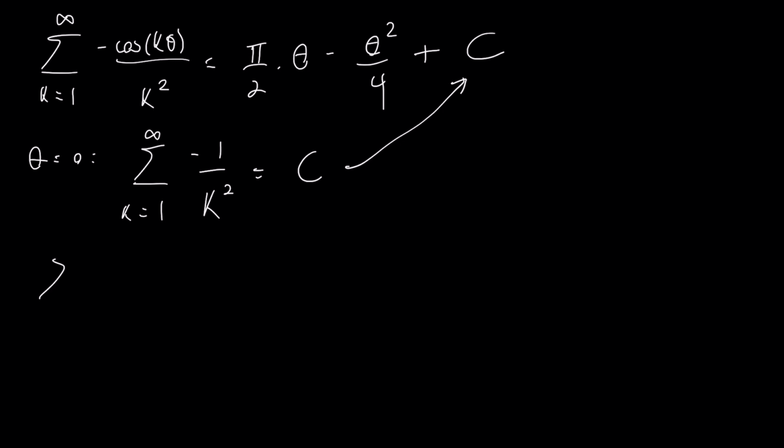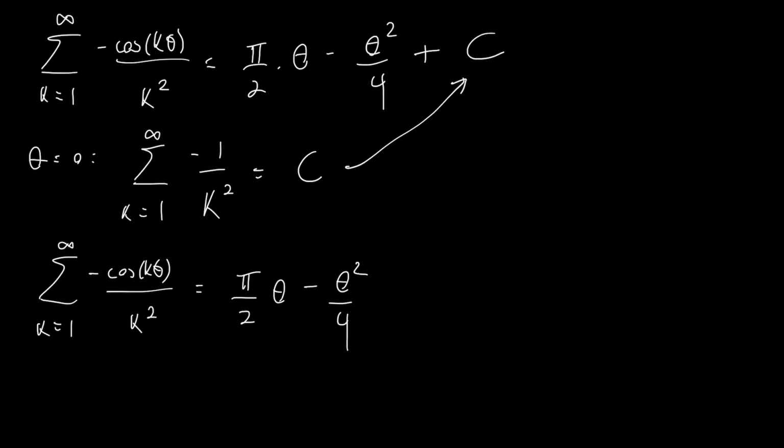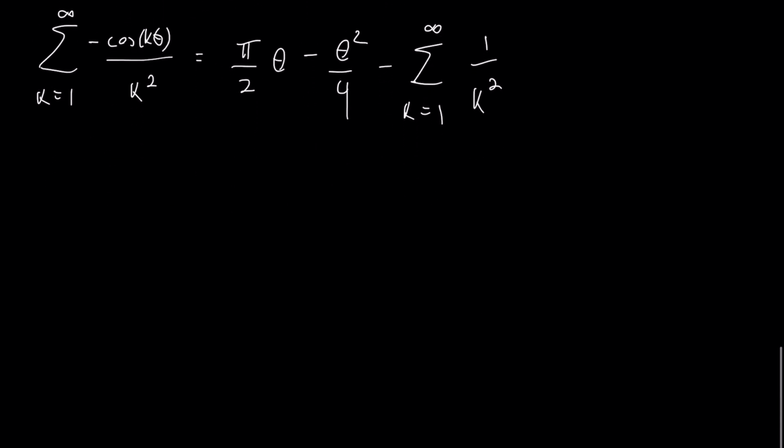So we're going to have the sum from 1 to infinity of negative cosine k theta divided by k squared is equal to pi over 2 theta minus theta squared over 4, and then minus the sum from 1 to infinity of 1 over k squared. And now all that's left is to let theta equal pi.